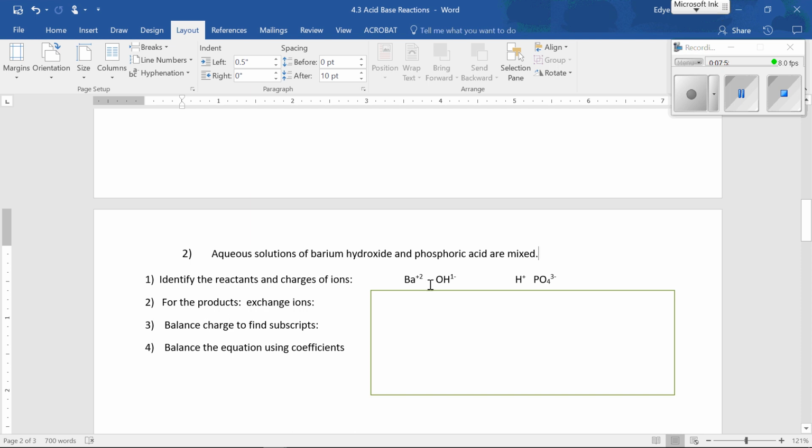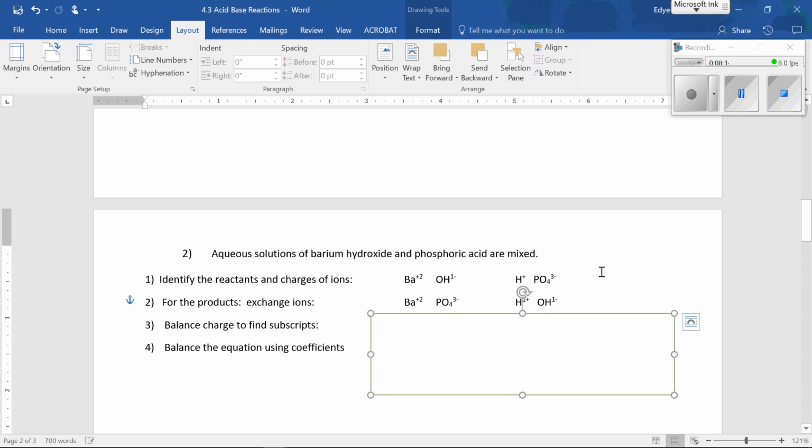And then to predict my products, I have to exchange the ions. You don't have to always do it this way. I'm just going to, in this example, switch the PO4 3- with the OH1-. You could have moved the places of the H+ and the Ba2+, but I'm just trying to be consistent with the previous lecture. So we switch the places of the negative ions.